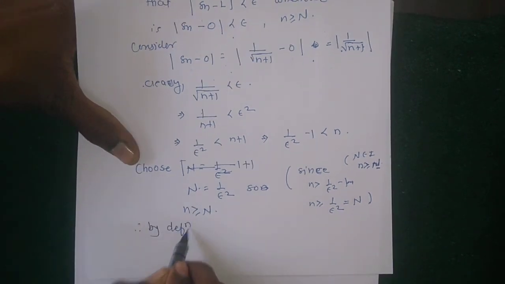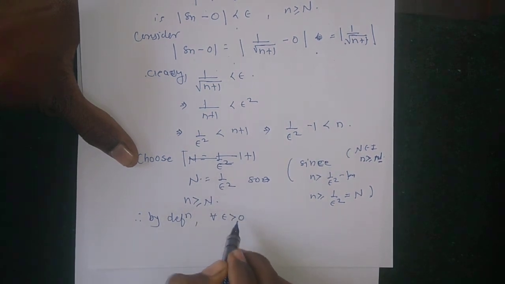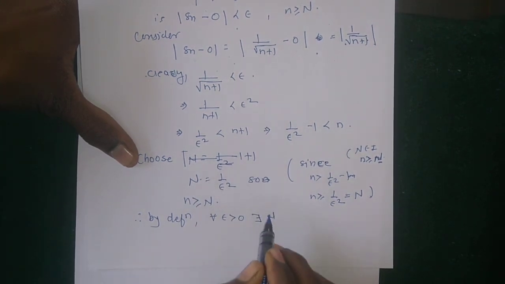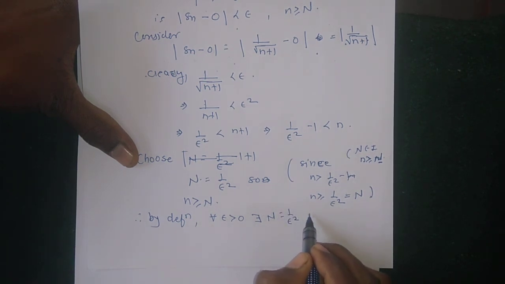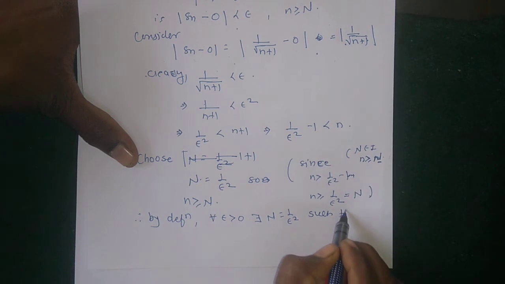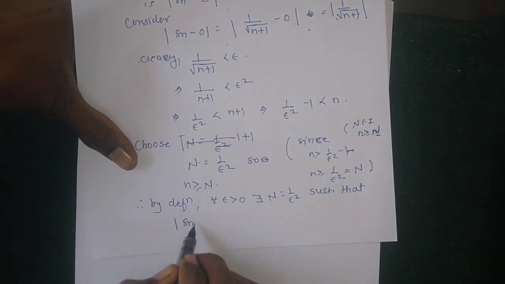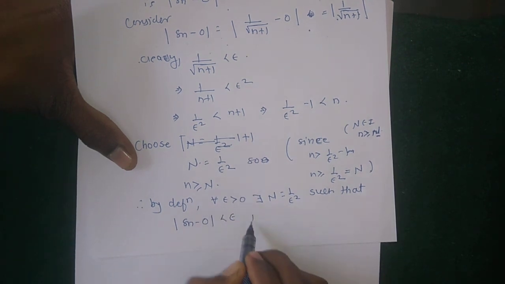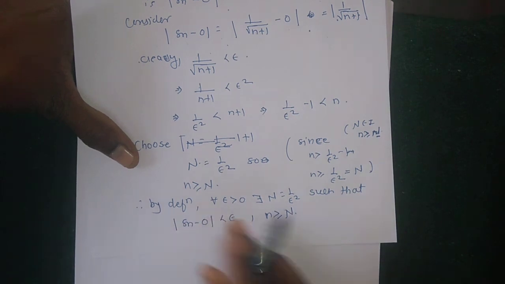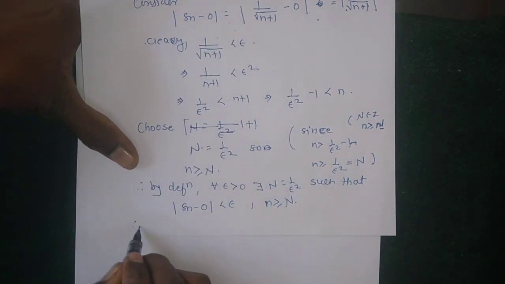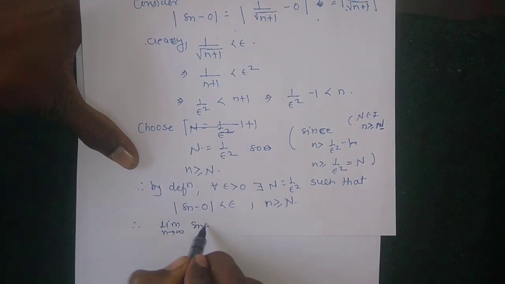By the definition of the epsilon-N definition, for all epsilon greater than 0, there exists N equal to 1 upon epsilon squared such that mod of Sn minus 0 is less than epsilon for all n greater than or equal to N. Here the value of capital N is 1 upon epsilon squared. Therefore the limit as n tends to infinity of Sn is equal to 0.